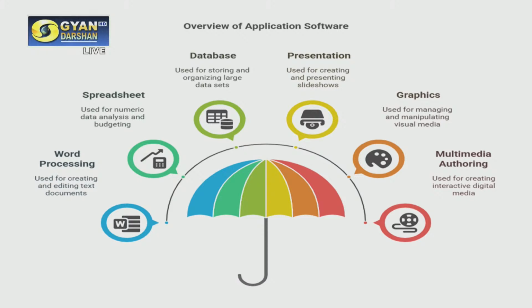Day in and day out we are interacting with computers and working with office components, wherein document files are worked with, Excel files are worked with, and we work with databases and all those things. So this umbrella covers the categories of application software.